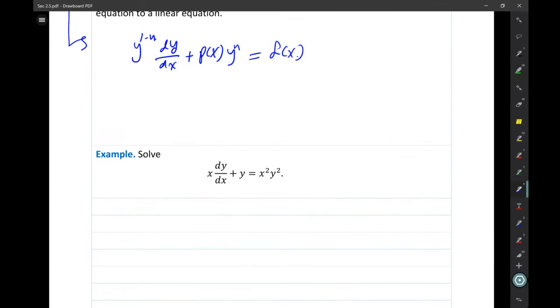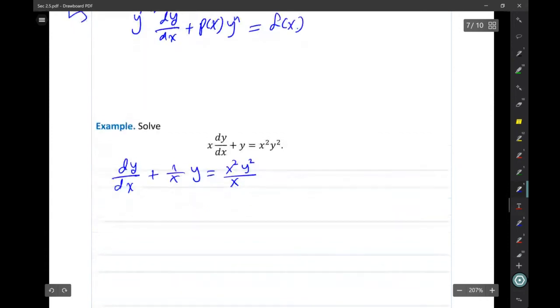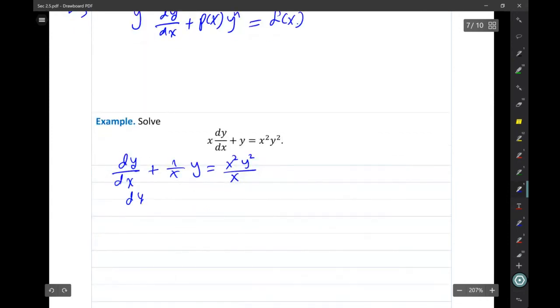First of all, I have to rewrite my equation in the form dy by dx plus 1 by x times y is equal to x square times y square over x, which is dy by dx plus 1 by x times y is equal to x times y square.